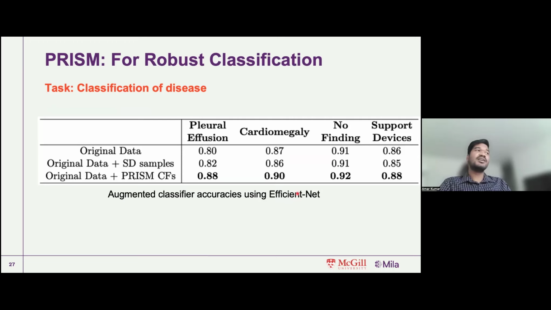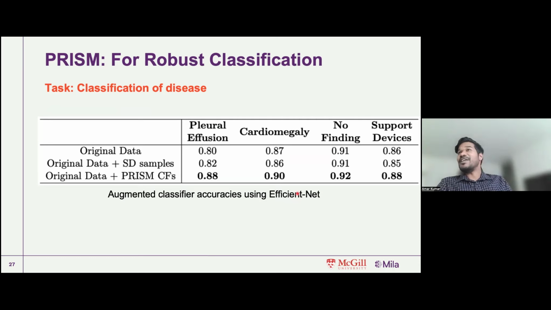Apart from visual changes that we see over here, this could also be used to improve the downstream performance of classifiers. So what we did was we took the original data, which is readily available, the same data that was used to train this model. We see the downstream classification performance across 4 different diseases. What we did was we simply augmented them with counterfactuals that we synthesized using this method.